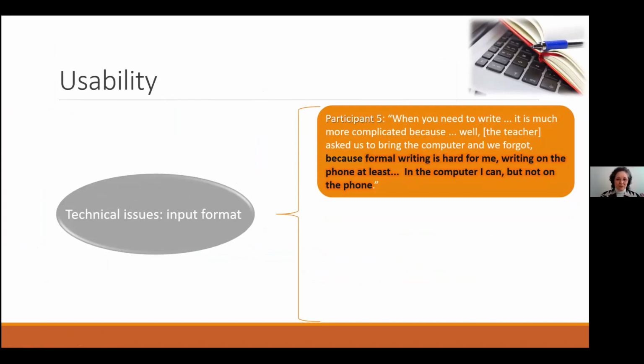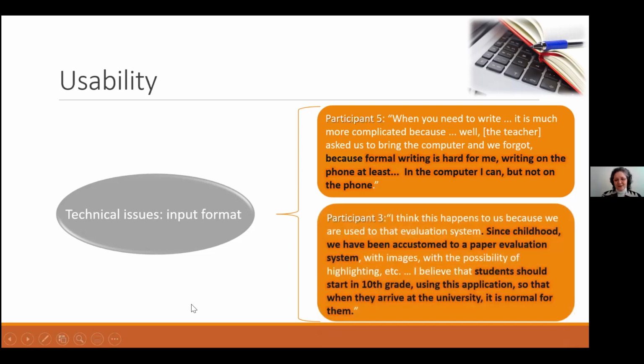Socrative can be used on computers and on cell phones, desktop computers, laptop computers, and the way the writing is done, that is to say, typewriting on a keyboard or texting on a cell phone, may influence the perceptions of the students. So, for example, one of our participants said, formal writing is hard for me, writing on the phone at least. On the computer I can, but not on the phone.